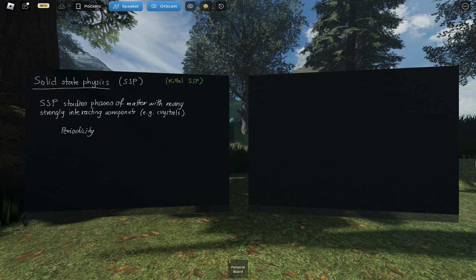So what you'll learn if you open up Kittel is how to go from a description of the crystal lattice via density of states to properties of the material, say whether it's an insulator or conductor or semiconductor, and if it's a semiconductor, what kind, and so on.